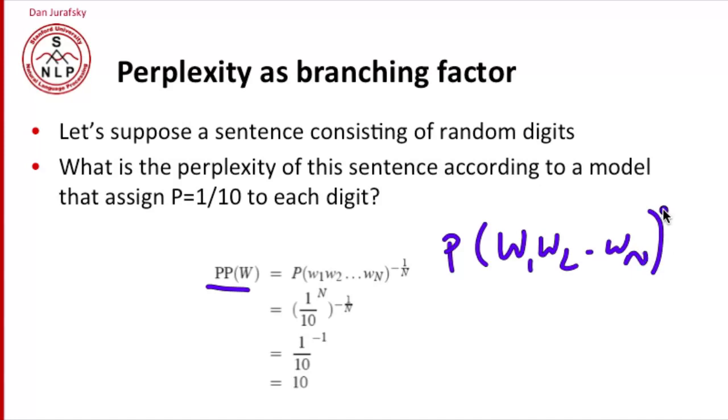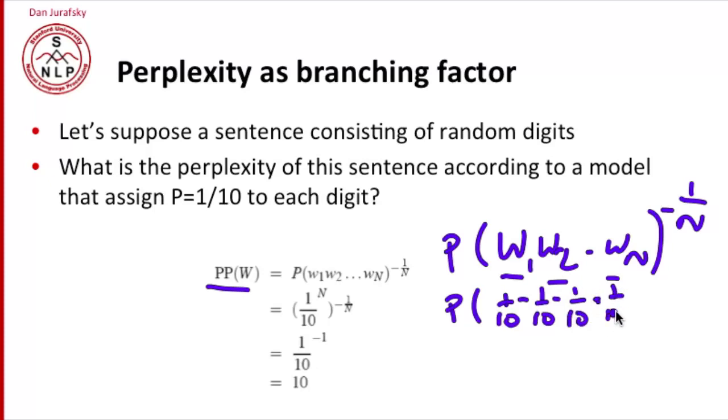The perplexity by our first metric is the probability of this sequence to the -1 over n. And since we've said that each of these digits has probability 1/10, and we're assuming a unigram probability, that's 1/10 times 1/10 times 1/10, and so on.